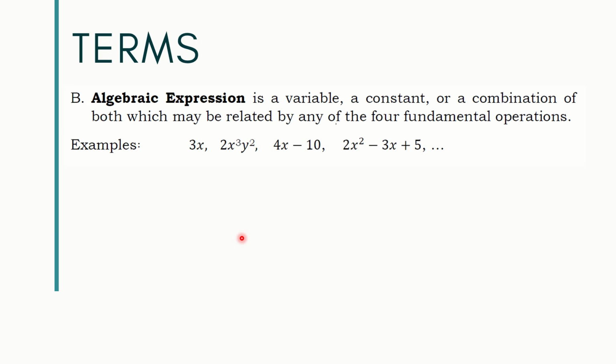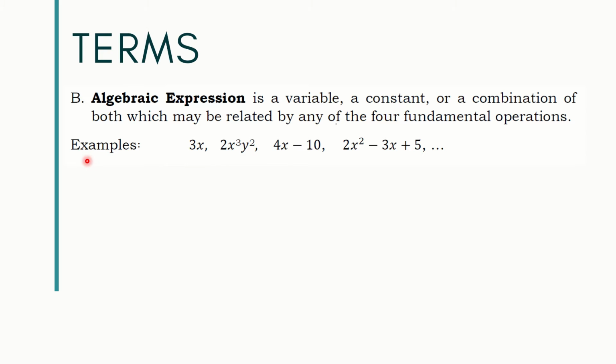Now, we have here algebraic expressions. We also defined this during your Grade 7. Let's review that an algebraic expression is a variable, a constant, or a combination of both, which may be related by any of the four fundamental operations.